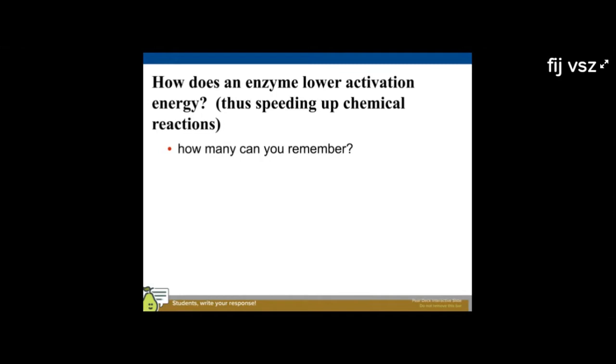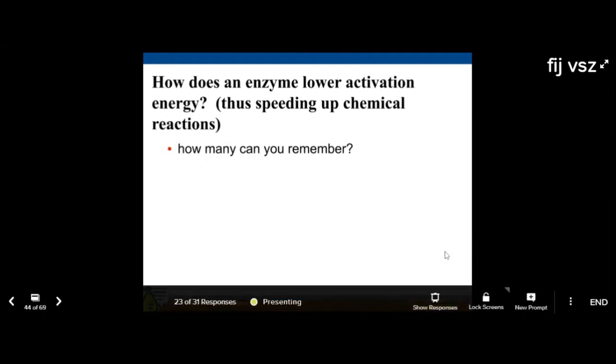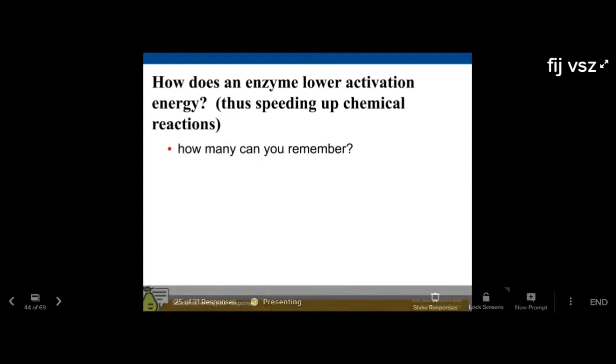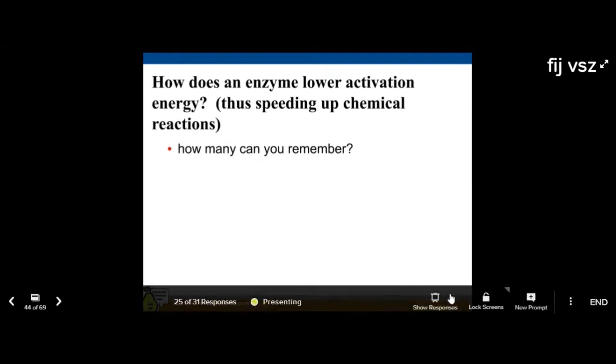Or just tell me everything you remember about an active site. What is an active site? What should it be able to do? What kind of characteristics might it have that would help a molecule to either get pulled apart or put together with another one?